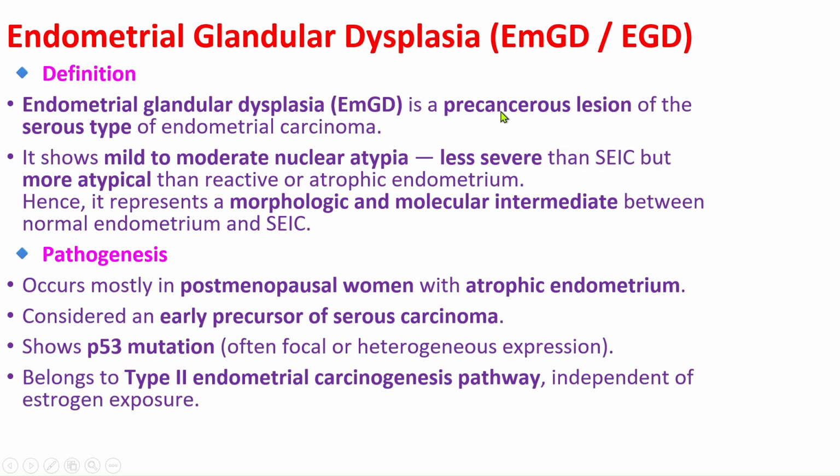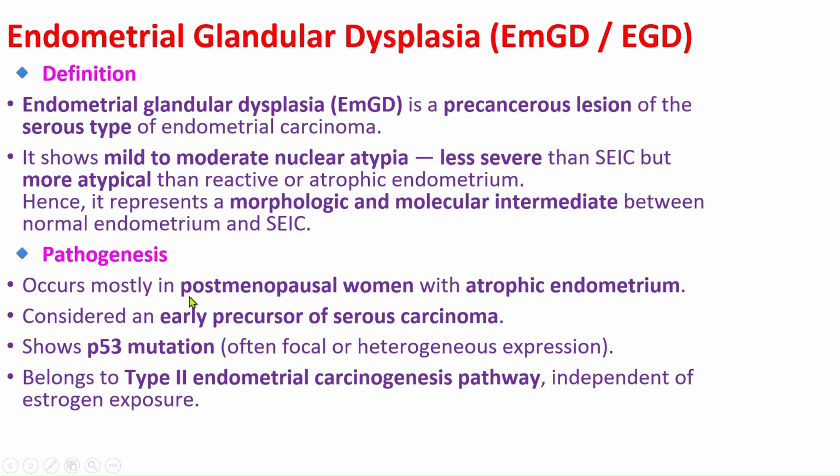So, by definition, it is a precancerous lesion of serous type of endometrial carcinoma, shows mild to moderate nuclear atypia, less severe than SEIC, but more atypical than reactive or atrophic endometrium. Hence, it represents a morphological and molecular intermediate between normal endometrium and SEIC.